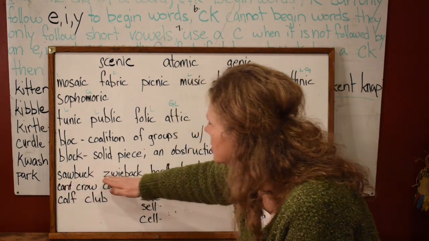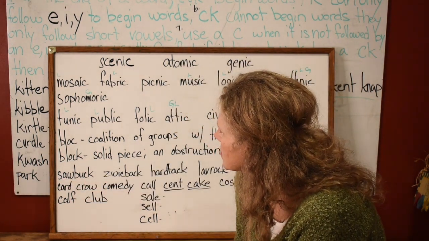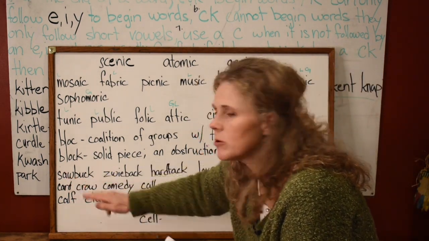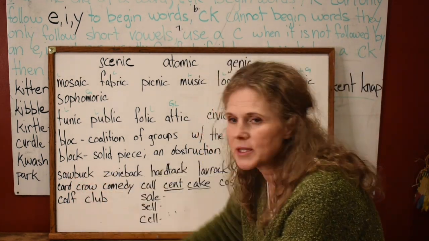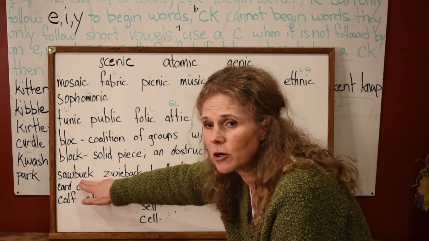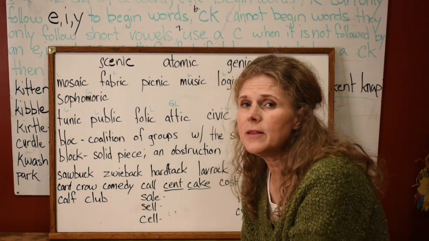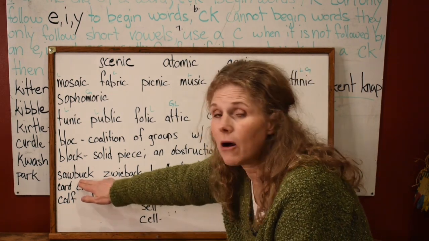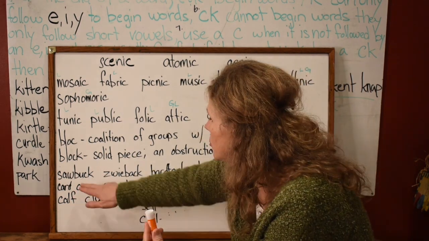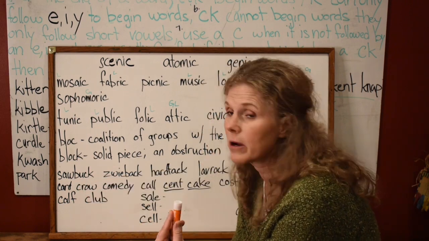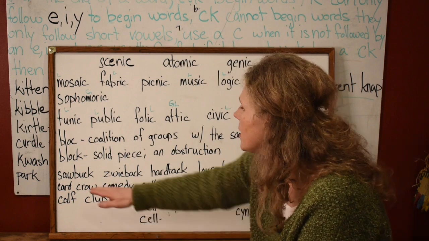So now let's go into sawbuck. Well, this is a multi-syllable word. How come this is spelled with a CK down? It's because this is a short vowel and it doesn't say I. So anything that is a short vowel that is not the I, you spell it with a UCK or an ACK or an OCK or ECK, whatever.